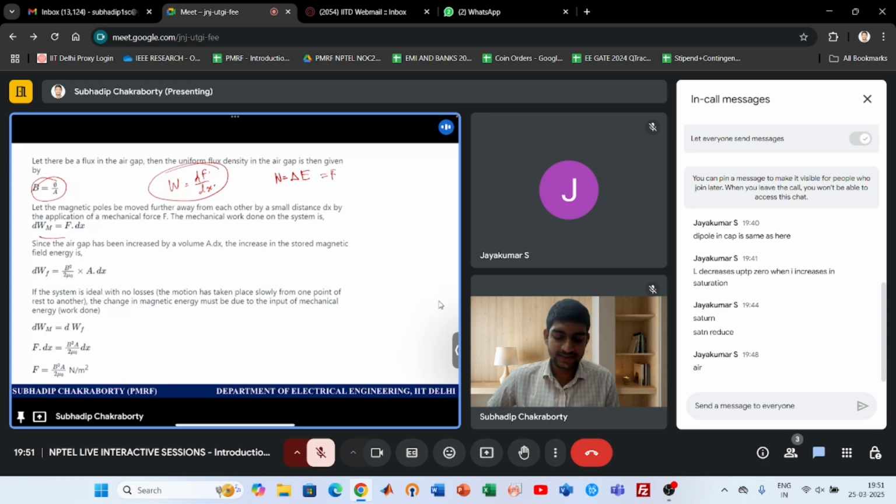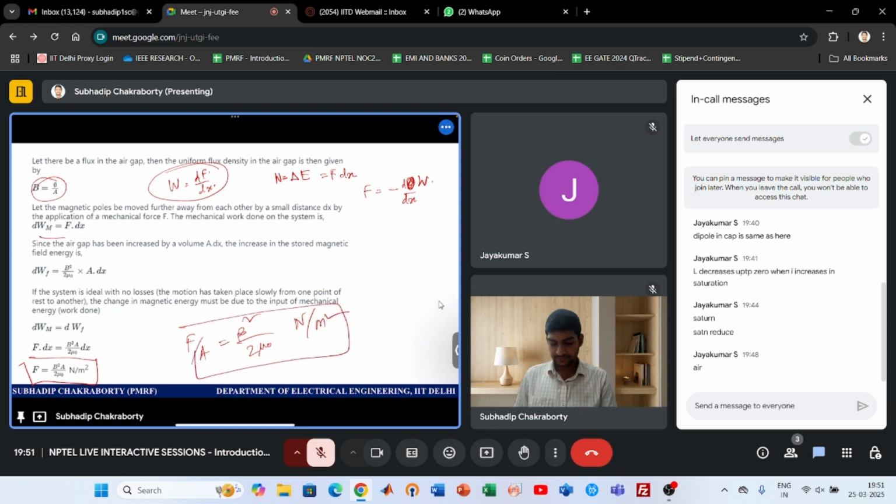And what is force? dW dx with a minus sign. I explained this some time before, right? And then I told you the formula for force: the force per unit area is B squared by 2 mu, and this is in Newton per meter square, as you understand, right? The area will be coming down, right?